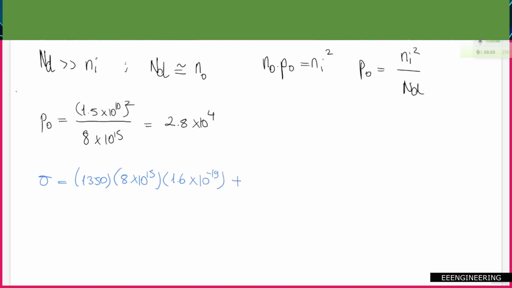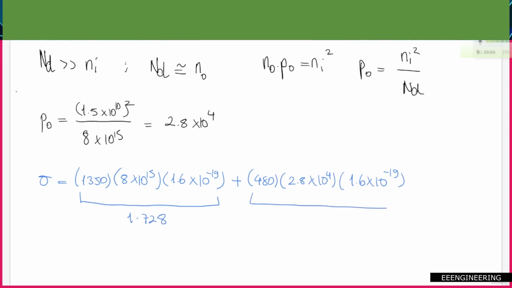Then we're going to say plus. This time we're going to have the mobility of the hole, which is 480, times the concentration of hole, which is 2.8 times 10 to 4, times the charge, 1.6 times 10 to minus 19. So if you do the proper calculation in here, this part is going to be 1.728, and this part is going to be equal to 2.1 times 10 to minus 12.